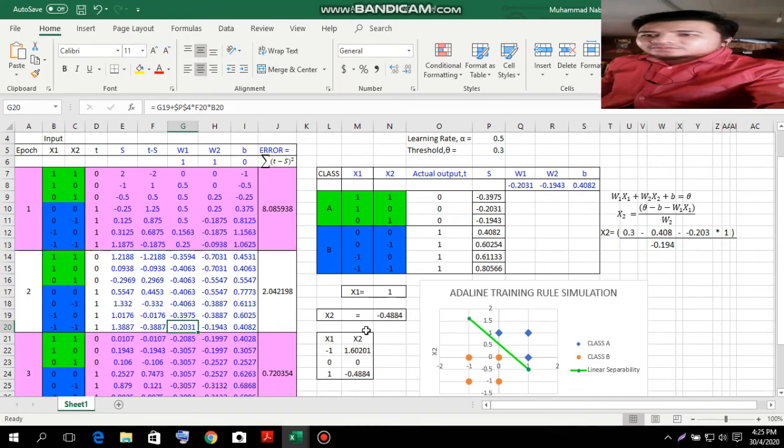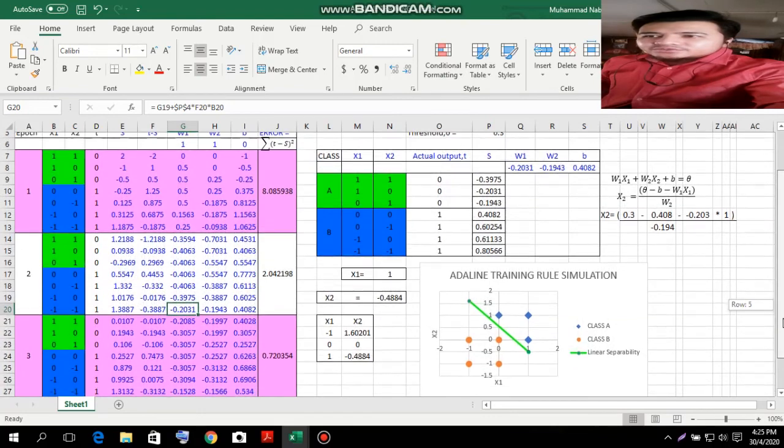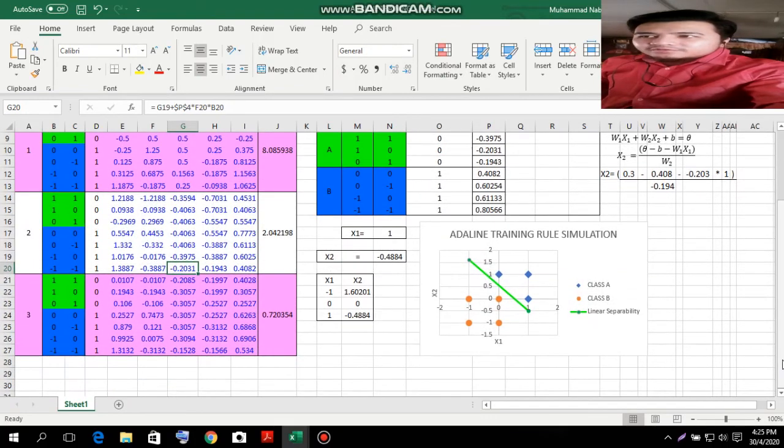So when we have calculated the values and put them in the formula, we will get x1 equal to 1 and x2 equal to negative 0.4884. Skip the process for x1 equal to 0 and x1 equal to 1.